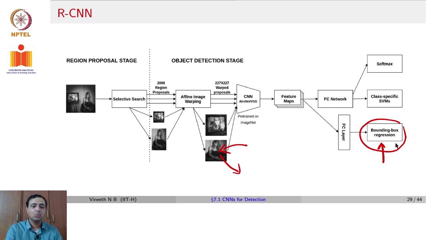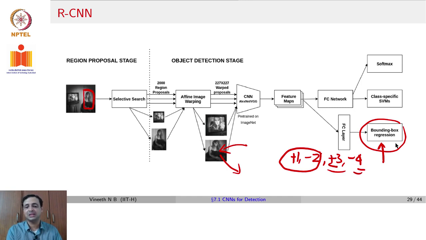So if this region was in a specific location of the original image, the bounding box regression module may give values such as +1, -2, and maybe +3, -4, which means that the top left corner should be moved by 1 pixel further on the x-axis, moved by 2 pixels to the left on the y-axis, and the height and the width must be adjusted by +3 and -4, and so on.